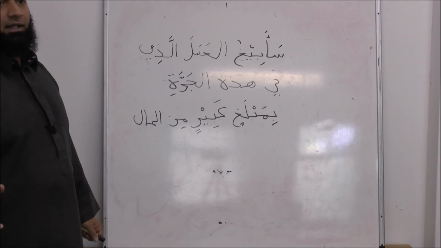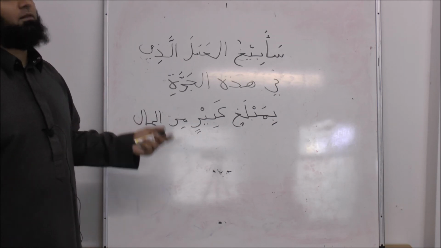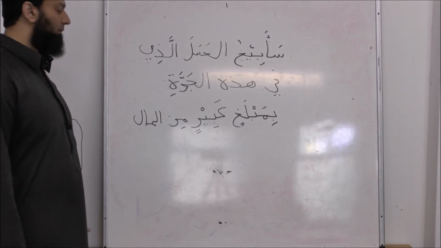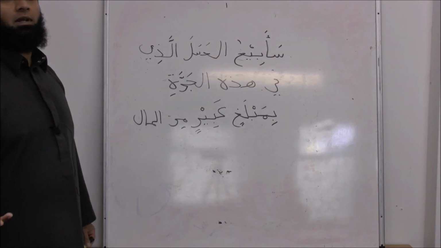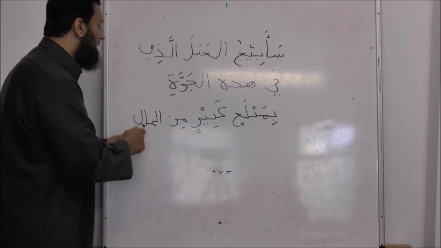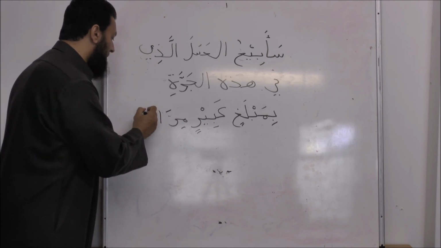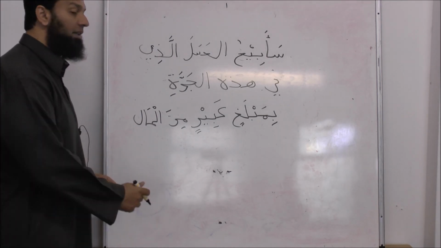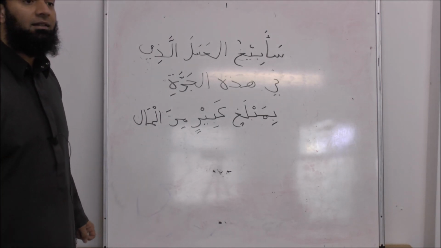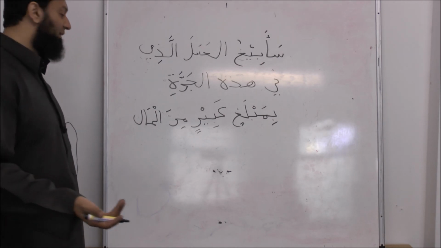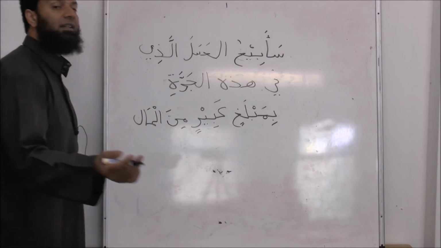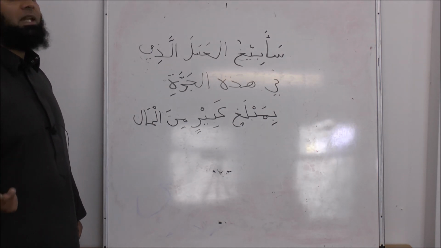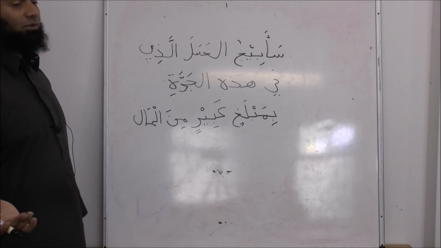So remember, he's going to sell this honey for what? بمبلغ كبير. For a large amount of what? Min al-mal. So what goes on the lam here, Abdul Hamid? A kasra. Why a kasra? Is it because of min? And what type of word is min?